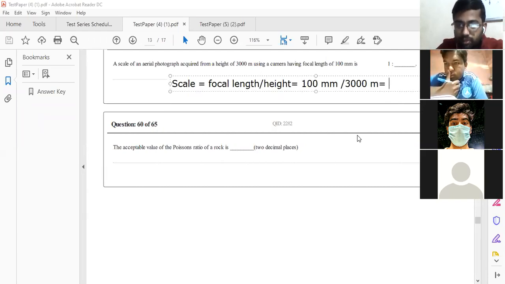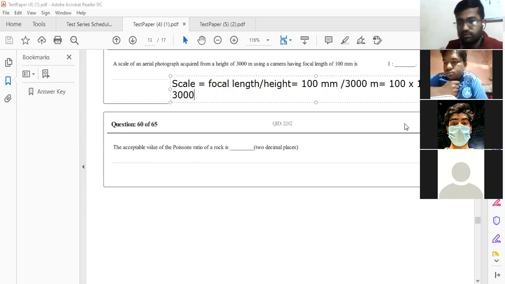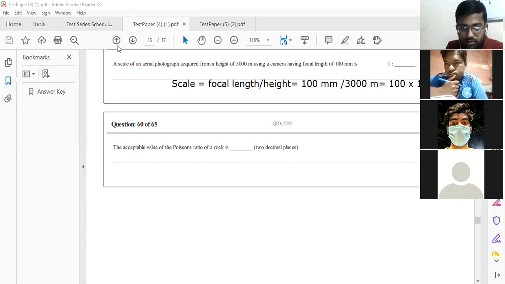So 100 mm, means 100 times 10 to the power minus 3, divided by 3000. Converted millimeter to meter.